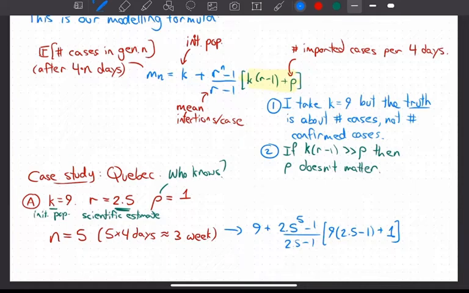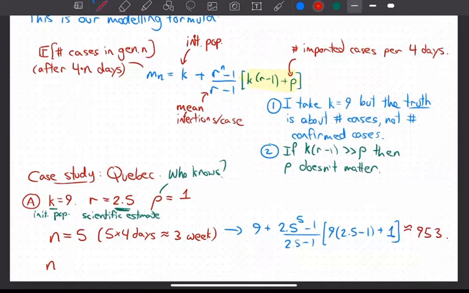If you plug that into your calculator, it's about 953. So no action: if there are 9 transmitting cases in Quebec right now, that means 950 cases in 3 weeks.